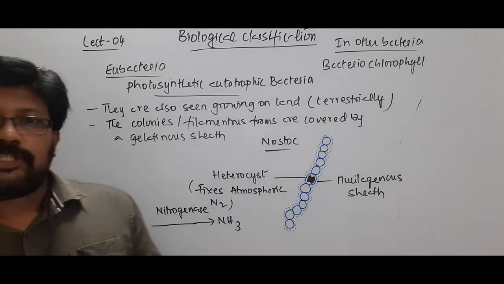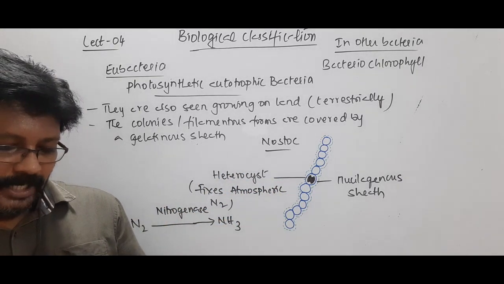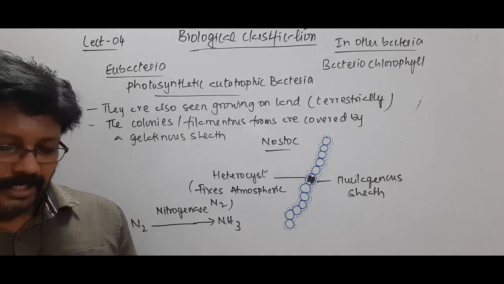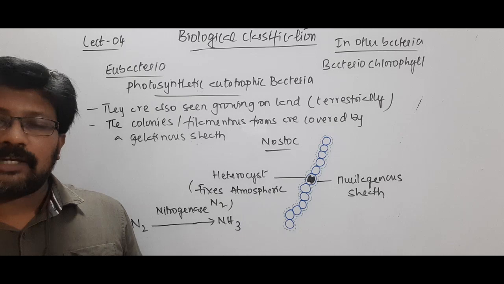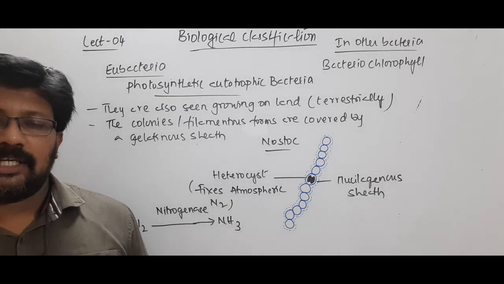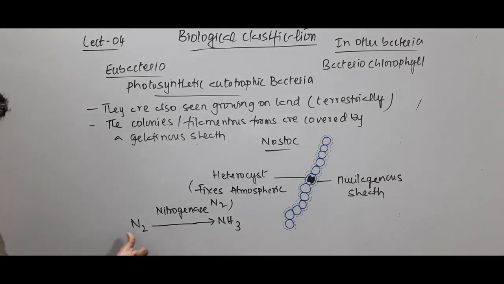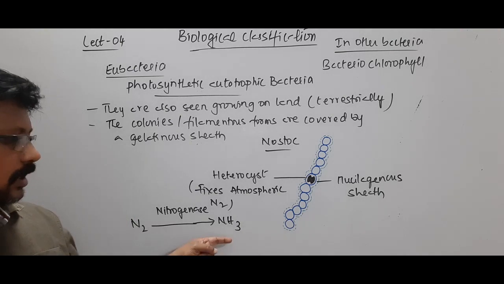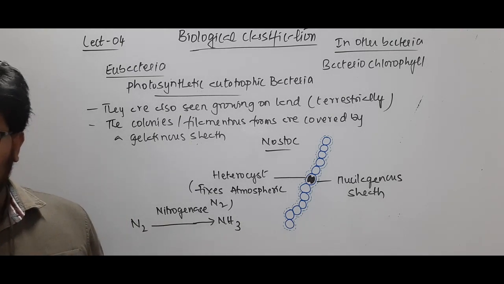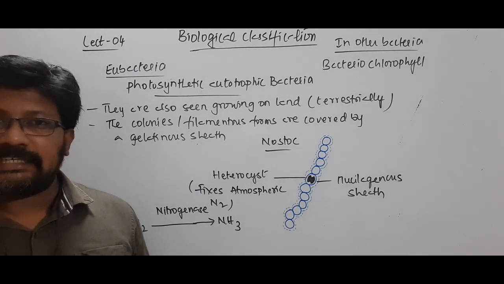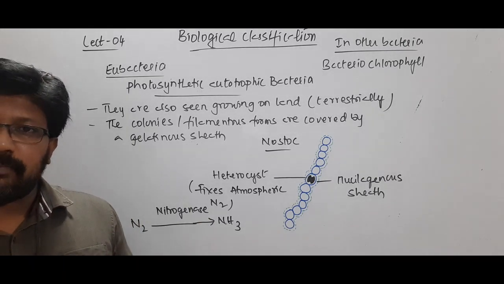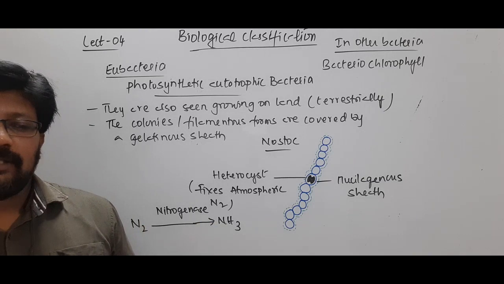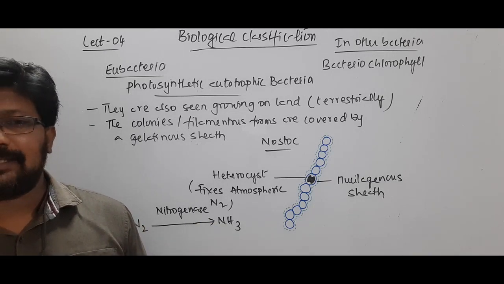Nitrogen cannot be taken directly by many organisms like plants and animals. Only some microbes have the ability to convert this atmospheric nitrogen into ammonia, and later it occurs in the form of nitrates and nitrites, which are taken up by the plants, and by eating the plants, the animals get nitrogen.